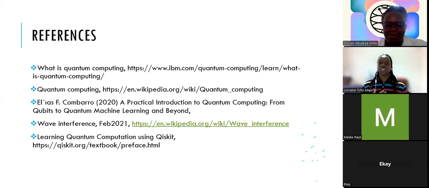So this is just an introduction, the basics, the less heavy stuff of quantum computing that I thought is important for you guys to know before you get in depth with this. So this concludes the introduction.